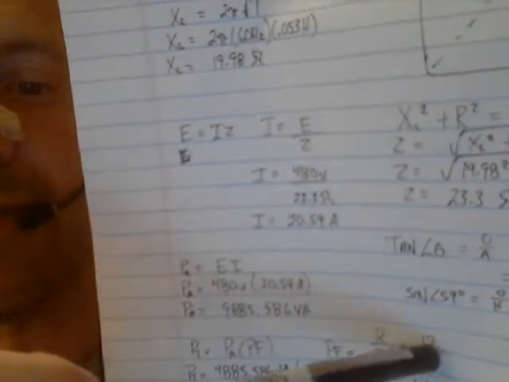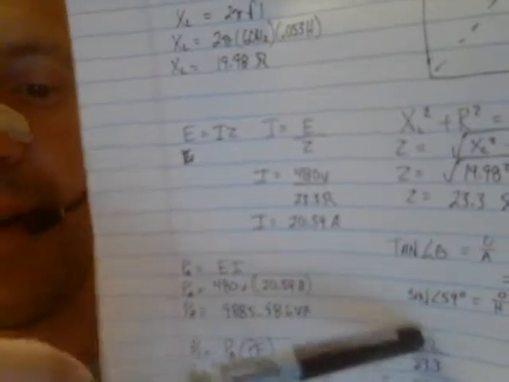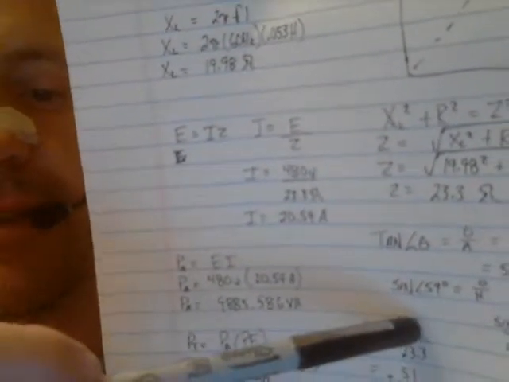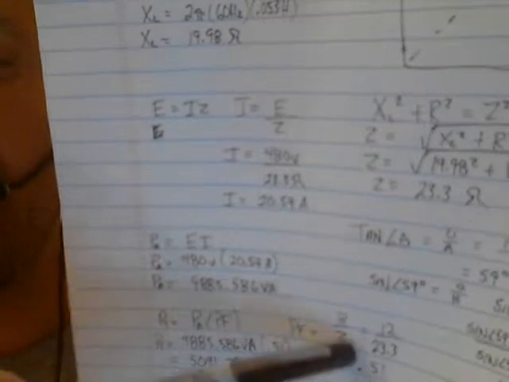Our resistor value was 12 ohms. So when we divide 12 ohms by 23.3, we get 0.51, and expressed as a percent, this would be our power factor of 51%. So what that means is that only 51% of the power is true power, basically. The rest of it's stored because it's being generated by the coil.